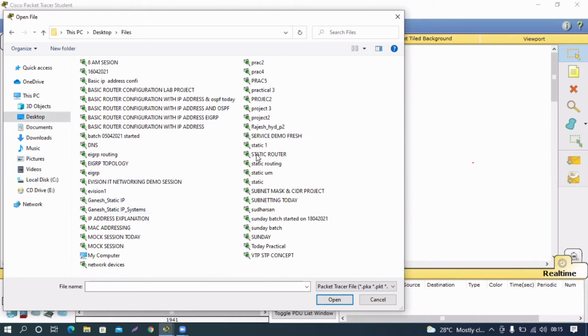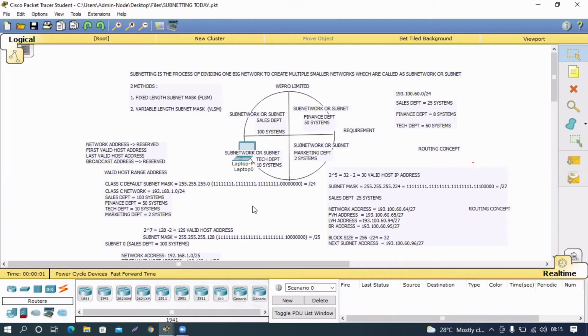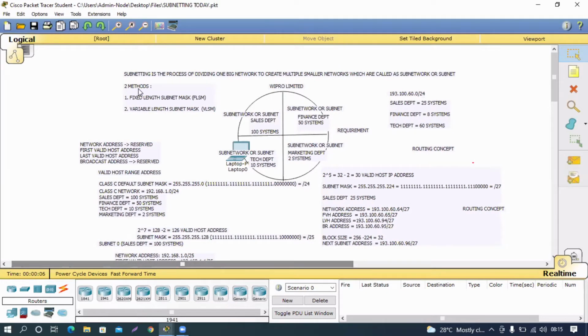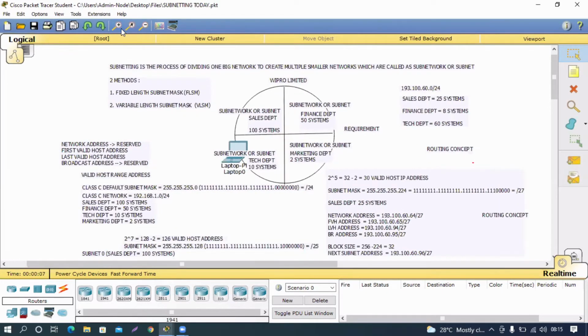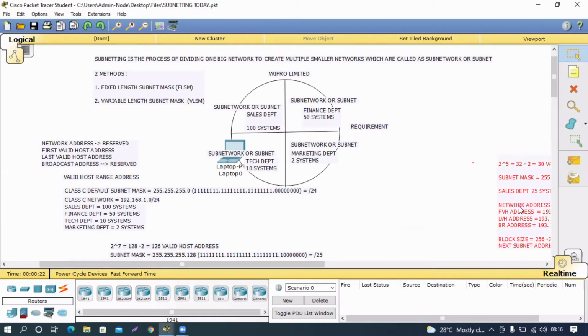2 raised to 11 is 2048. 2 raised to 12 is 4096. 2 raised to 13 is 8192. 2 raised to 14 is 16384. 2 raised to 15 is 32768. 2 raised to 16 is 65536.